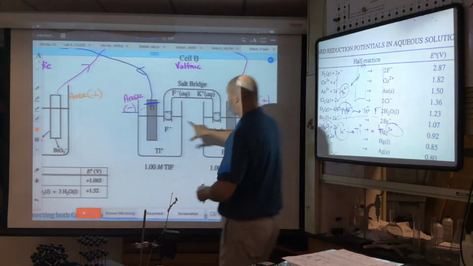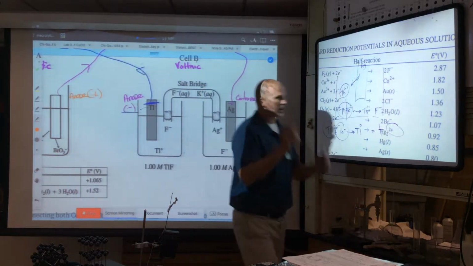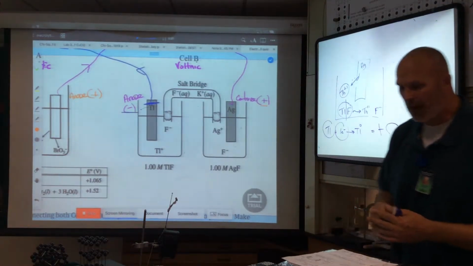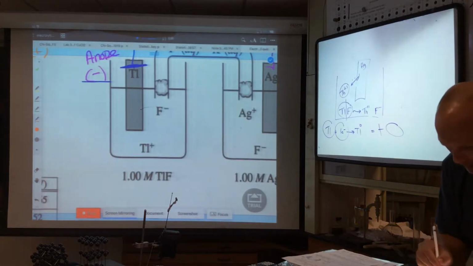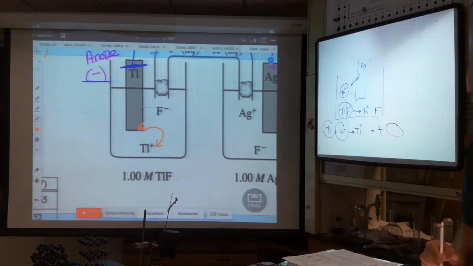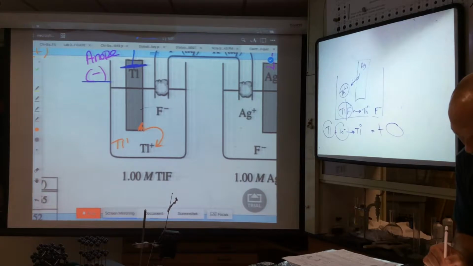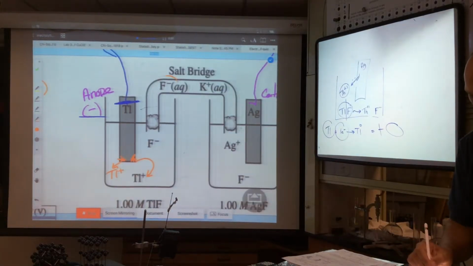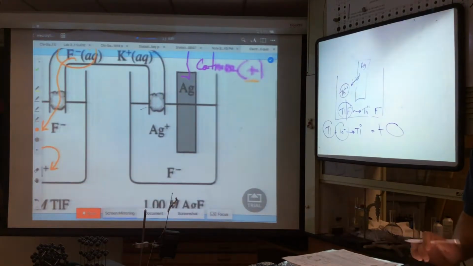If this is oxidizing, what's happening? If it's oxidizing, that means a piece of solid thallium is becoming thallium plus. The pluses are building up, so we need a negative ion to come down. What's happening over here?